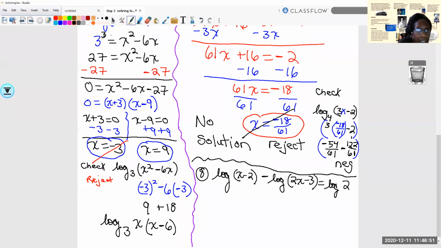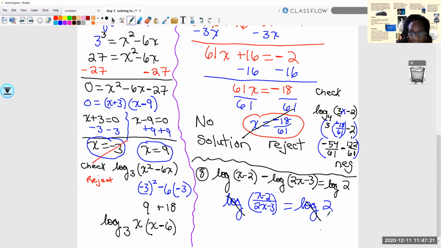Okay. Consolidate, quotient property. Top, bottom, equals. Okay, got logs on both sides. Love it. Log on both sides, you cancel them out.